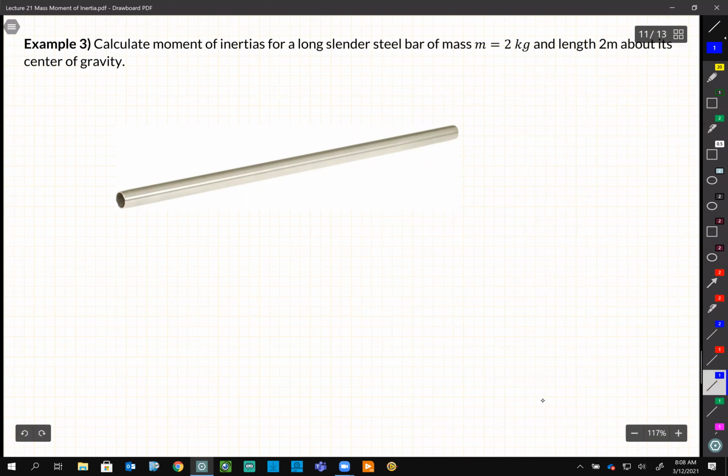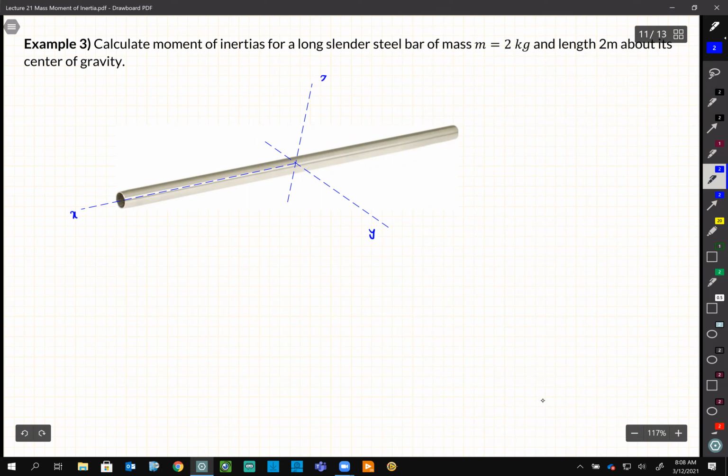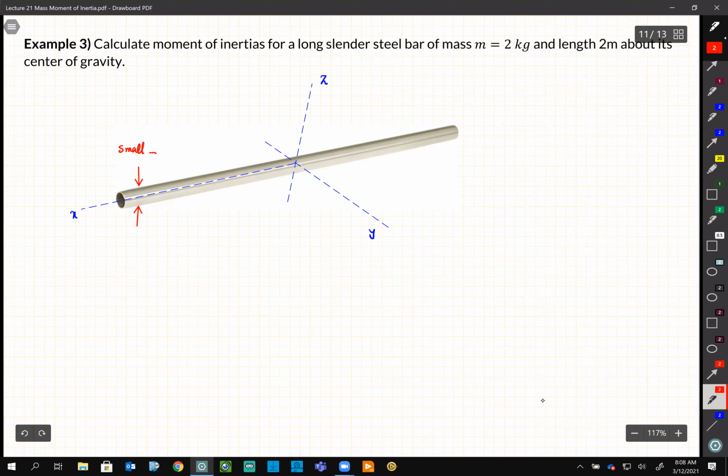If I set my axis at its center of mass, like this one, it doesn't matter which one we select as X, which as Y, and which as Z. Because it's a slender bar and the question says to ignore the radius, the diameter is small, so it is almost equal to 0.